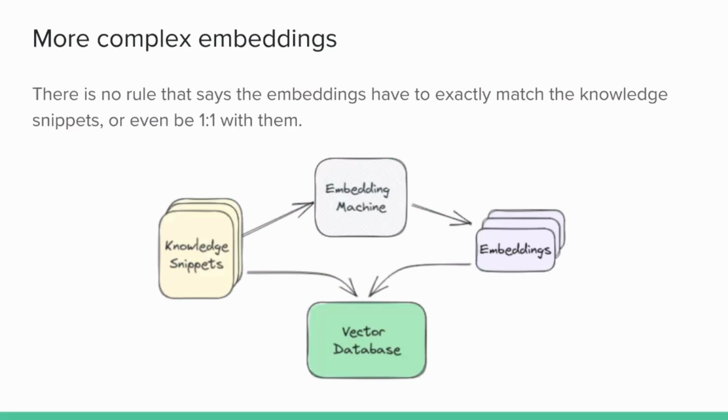Most of the optimizations come in the indexing and retrieval step. So the first thing is you can do more complicated embeddings. In our example, we basically said, okay, take the knowledge snippet, embed it, save it in the vector database. That's what we use for search. But there's no rule that says that's how it has to work. It's just the simplest way to get started.